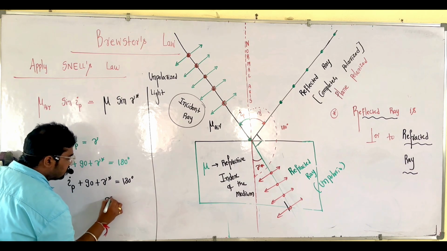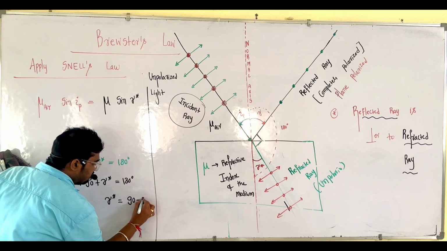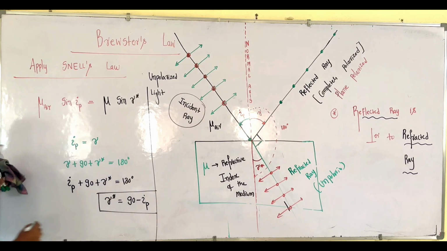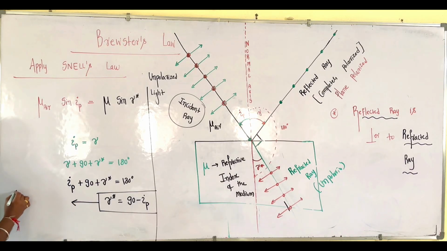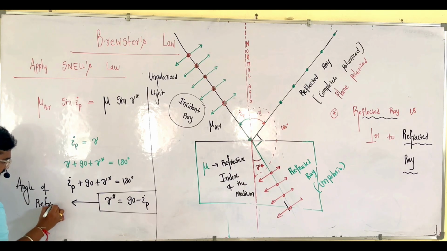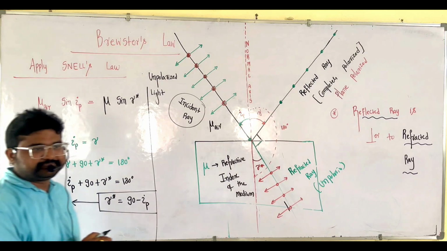What is R star here? Refracted angle, 90 minus IP. This is the angle of refraction, 90 minus IP.